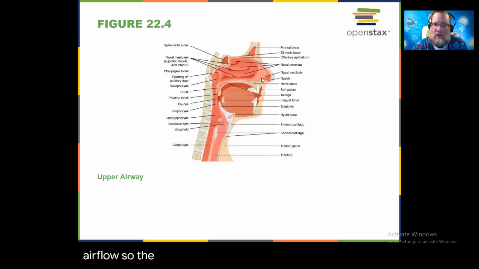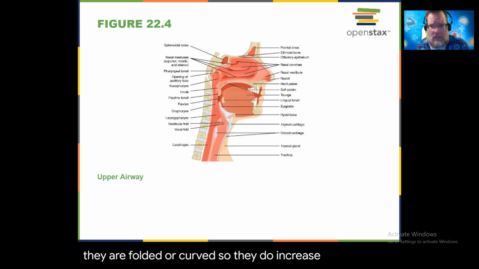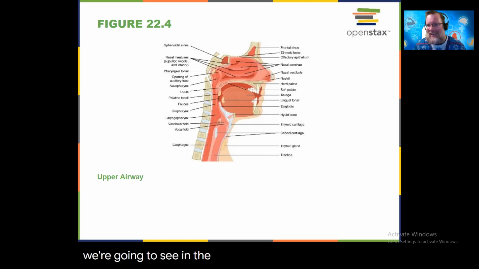So the conchae are there for a couple of reasons. They are folded or curved, so they do increase surface area. We're going to see in the body folds, especially next Tuesday when we get to digestion, man, we're going to see folds all over the place so we can optimize absorption.